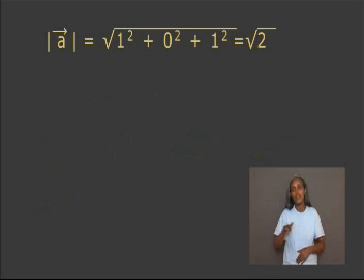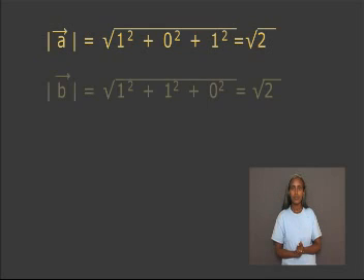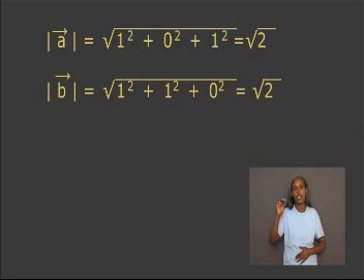The magnitude of vector A is the square root of the sum of the squares of 1, 0, and 1. Therefore, the magnitude is equal to the square root of 2. We calculate the magnitude of vector B in the same way. It is equal to the root of the sum of the squares of 1, 1, and 0.